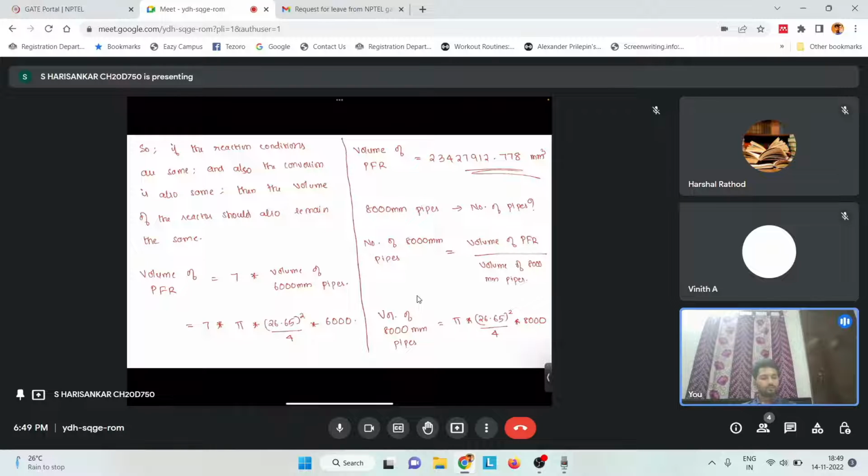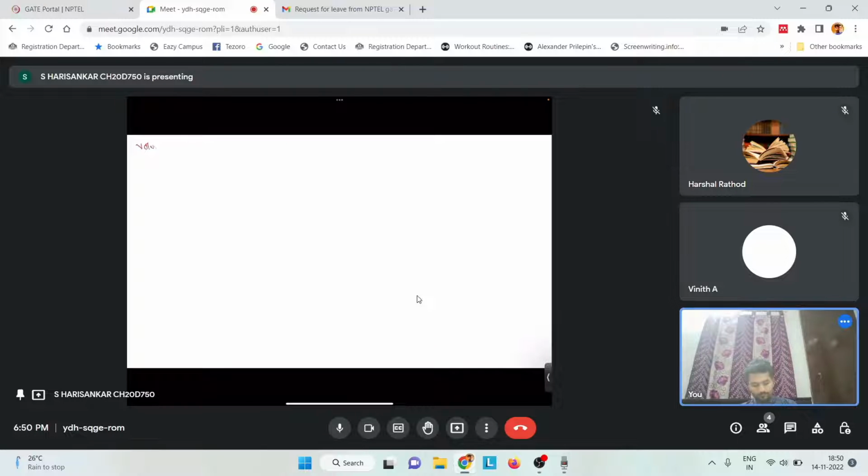If we do the math, we'll get the volume of the 8000 mm pipes to be 4462459.577 millimeter cube.